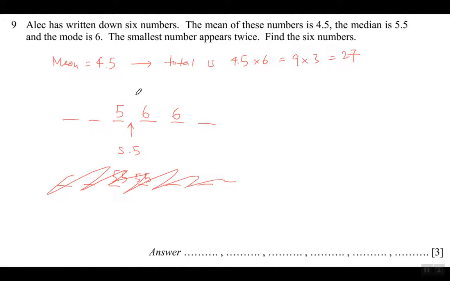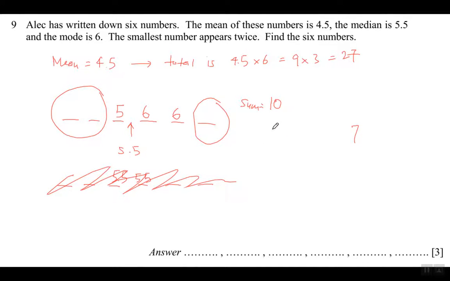The total is 27, so how many do we have already? 12 plus 5 is 17. So we already have 17, and 27 minus 17 leaves 10. So the remaining two numbers must add up to 10.